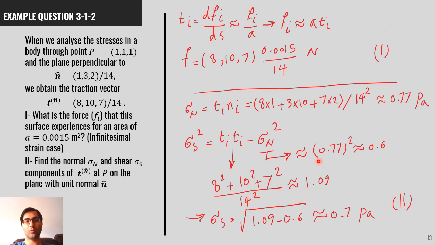It's approximately 1.09. The trigonometric relation becomes sigma s equal to the square root of 1.09 minus 0.6, which is approximately 0.7 Pascal.